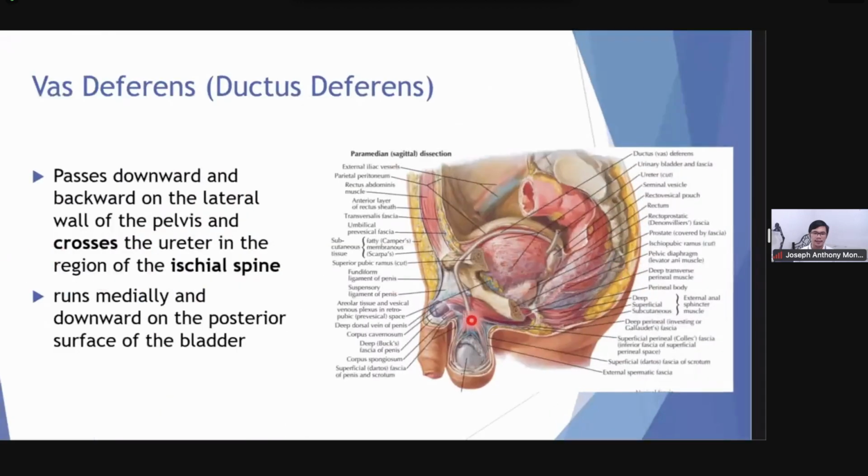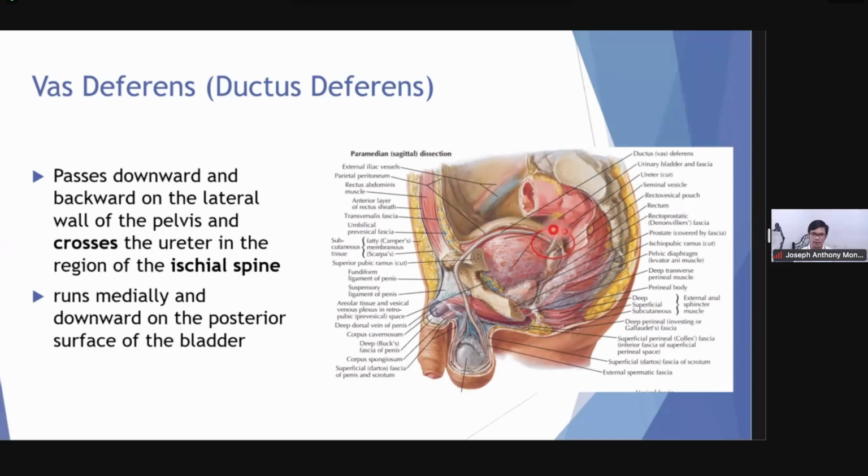So having that said, your vas deferens or ductus deferens will now travel downward and backward on the lateral wall of the pelvis, and it crosses, take note of this structure, the ureter at the level of the ischial spine.